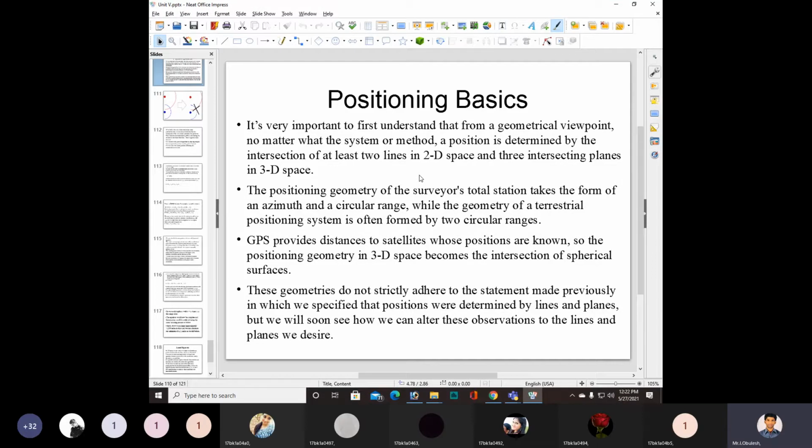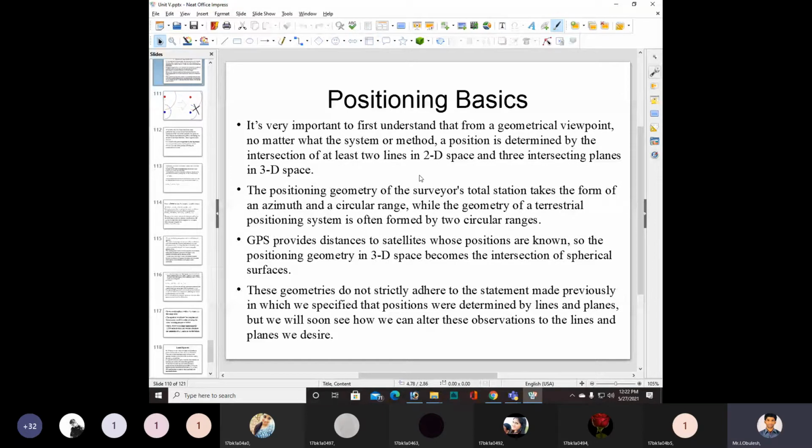GPS provides distances to satellites whose positions are known. So the GPS will provide the distance between the satellite and the GPS receiver, whose positions are known. If you know the position, then only it will provide.